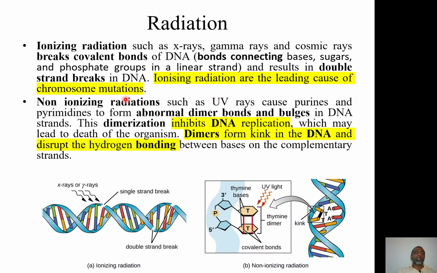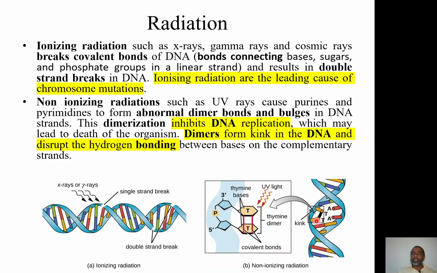Then you have the non-ionizing radiations like UV. They form abnormal dimers and bulges in the DNA. So, what is the abnormal dimer? Normally this thymine has to pair with this adenine, and this thymine has to pair with this adenine, but now, because of the exposure of the DNA to UV rays, the thymines of the same strand have paired with one another, thereby leaving the two bases on the opposite strand unpaired.